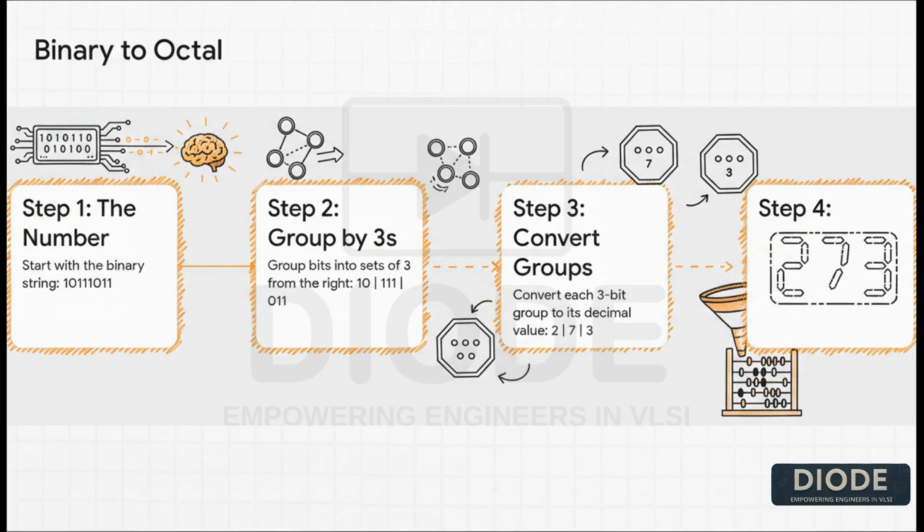Let's group it up starting from the right. The first group is 011. The next one is 111. And what's left over at the end? Just 10. Now we translate each chunk. 011 is a 3, 111 is a 7, and 10 is a 2. Put them all together and you get 273. And just like that, you've translated from binary to octal.